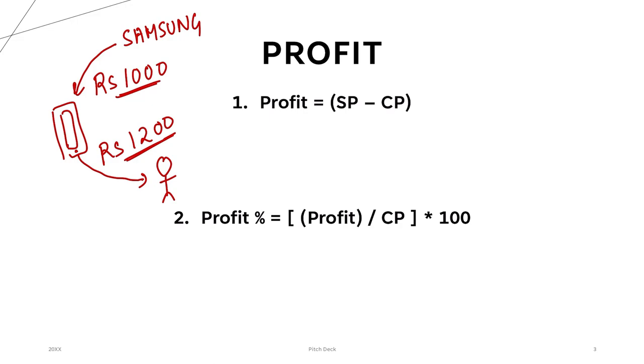Because whatever you are earning from this mobile phone, you use it for the wages of the workers who are working in your shop, plus there is the electricity bill which you have to pay, plus there is the rent of the shop you have to pay, plus other expenses, right?